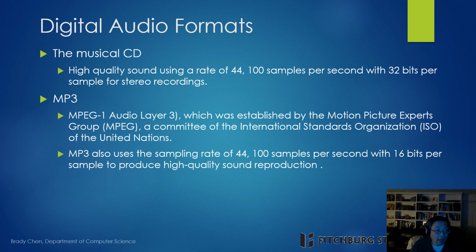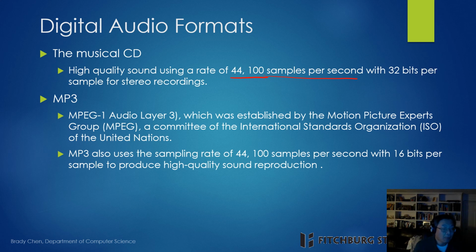Now let's take a look at the example of the music CD. For the music CD, we basically use the sampling rate of 44,100 per second. So that means for each second of music, we can actually pick 44,100 samples.